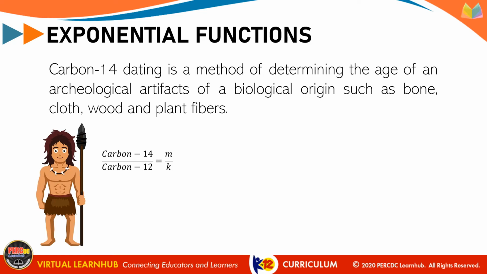Let's say m over k, where m is the amount of carbon-14 and k is the amount of carbon-12. The amount of carbon-14 decays and regenerates while a person is living. However, when a person dies, the amount of carbon-12 remains while the amount of carbon-14 decays.